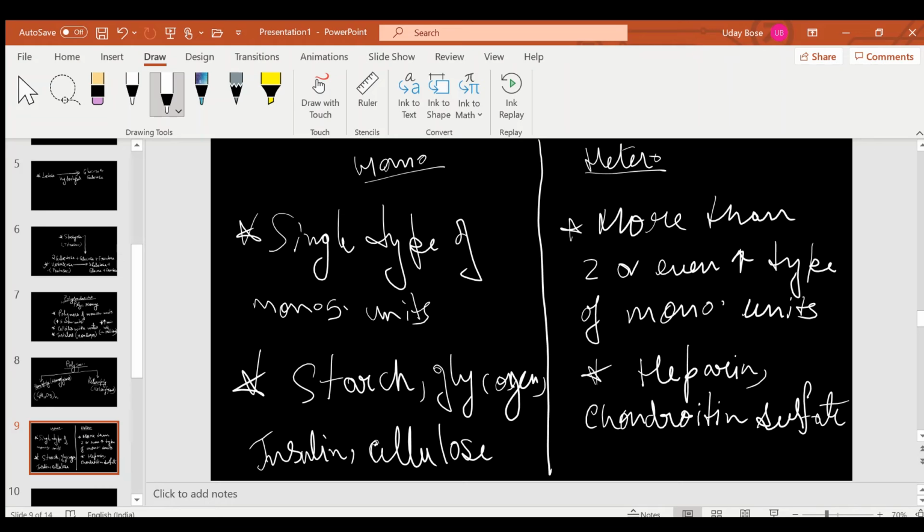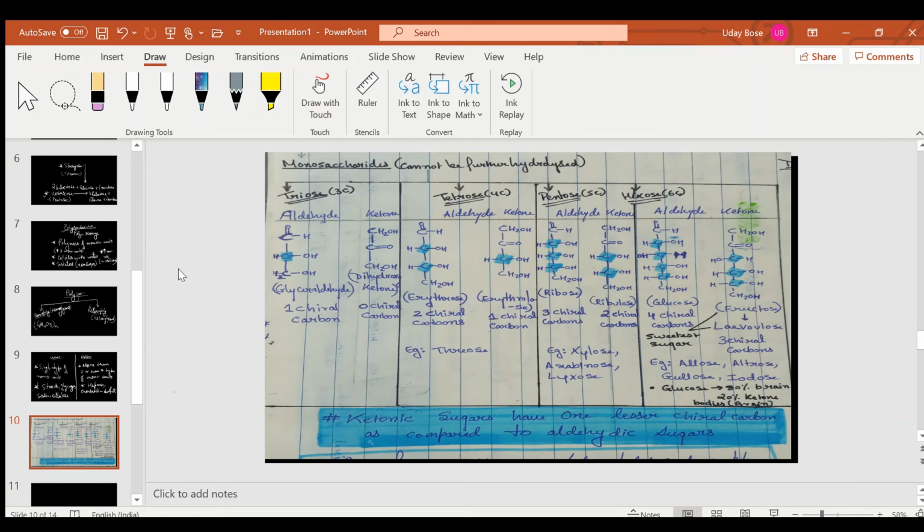So that I will just show you. Okay, so this is that handwritten chart of monosaccharides. I think this is visible enough. So let me just clarify what I have written.